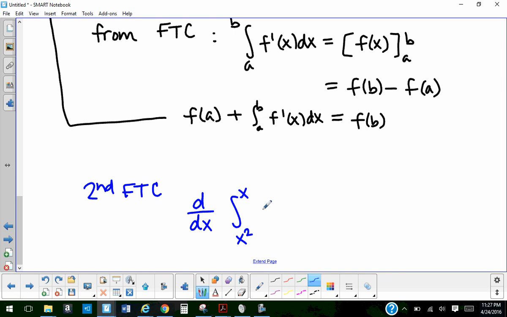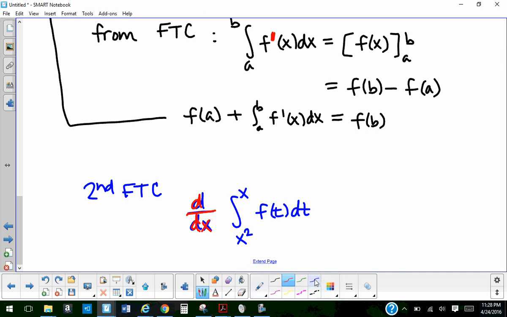Maybe you had x squared down here, and this is f of t dt. Notice in this top example, I had a derivative that was on the inside of my integral. Notice in this example, my derivative part is on the outside.